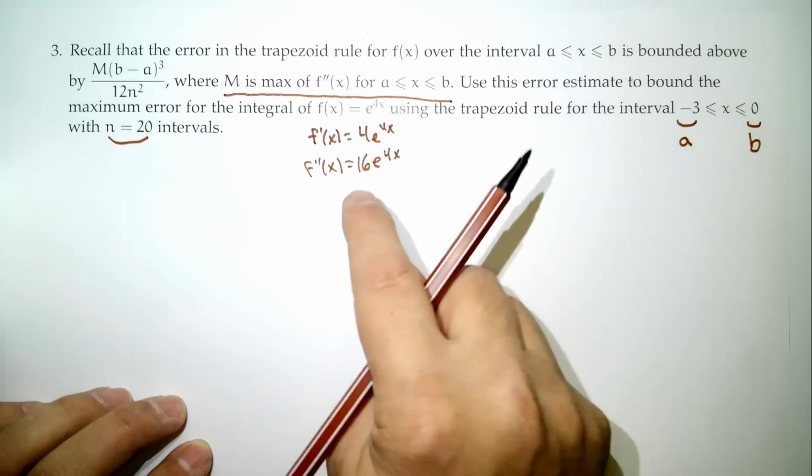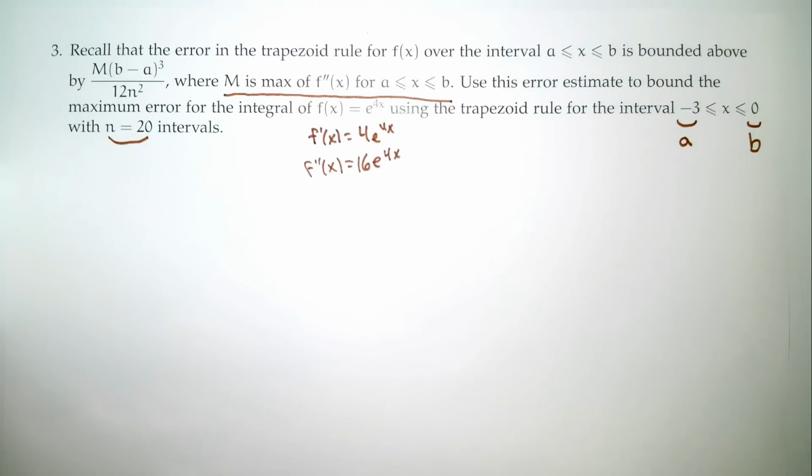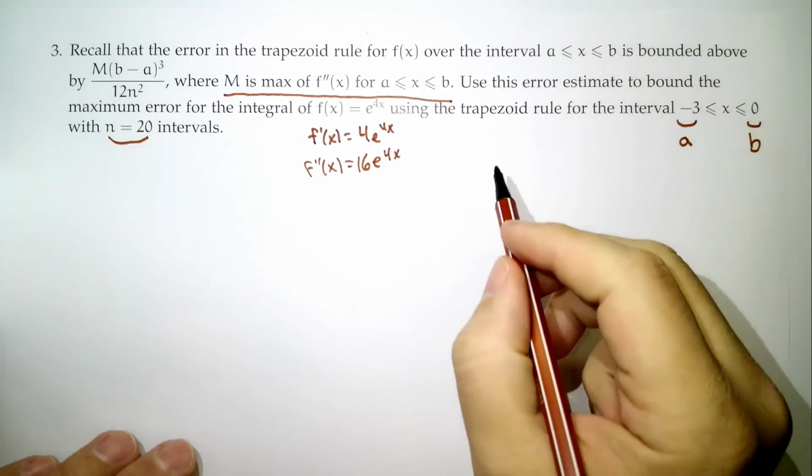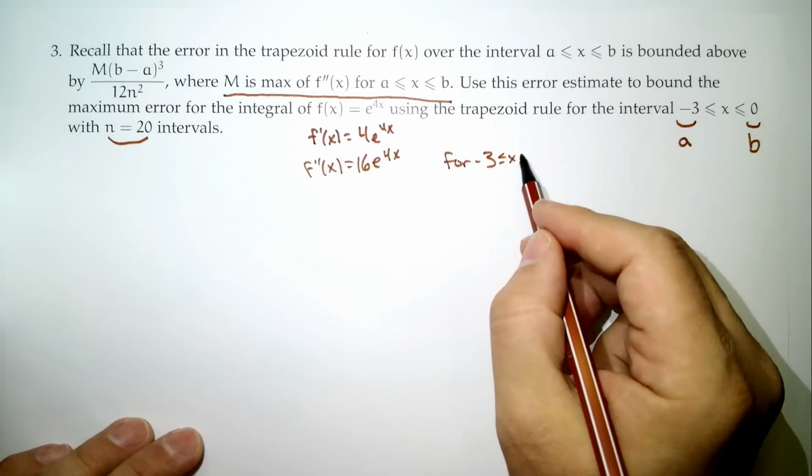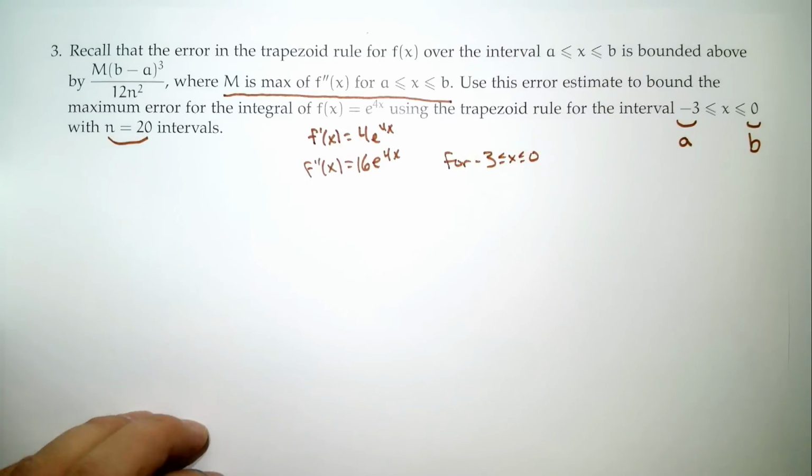So there's our function. Now you might say, wait a second, this is bad because e to the 4x gets huge. But remember, I don't have to look at e to the 4x over all numbers. I'm looking at e to the 4x for the interval between -3 and 0. And if I look at it that way, I say, oh, well, e to the 4x is going to be as large as possible.